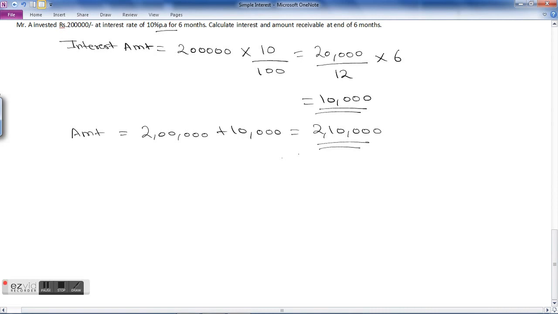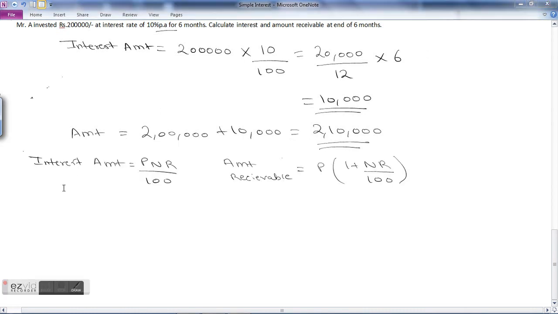Now let's try to calculate this amount and interest using the formula. Let's try to put the formula logically. Here I have written the formula for interest amount and the amount receivable. P is equal to 2 lakhs. R, that is rate of interest, is 10% per annum. N is number of years.